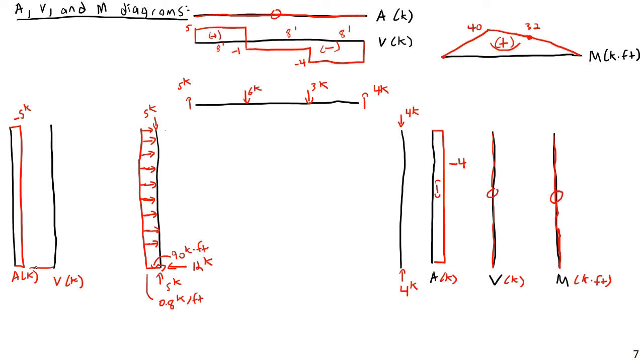And then it's going to continue linearly downward to 0 because we don't have any horizontal force here. So we start up at 12 here, and then we decrease linearly downward to 0. Linearly, mathematically, not so linear on my drawing.